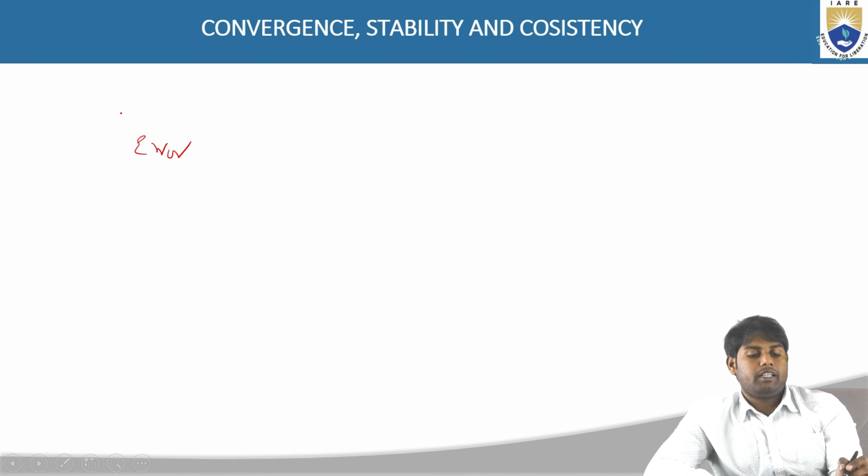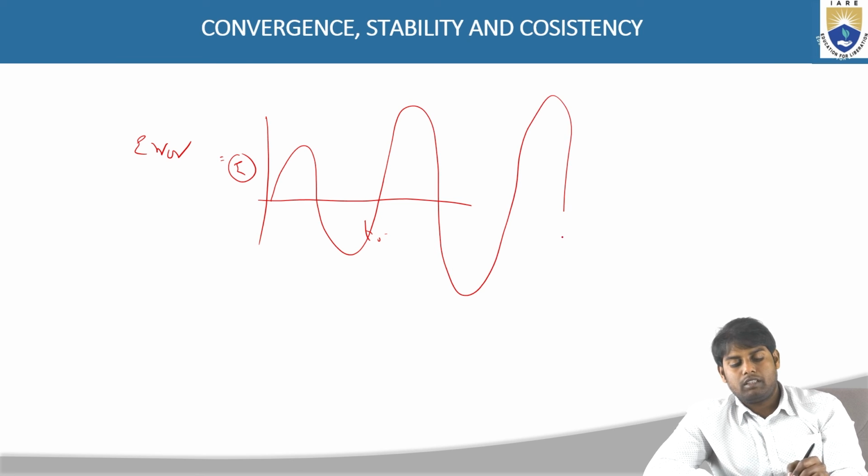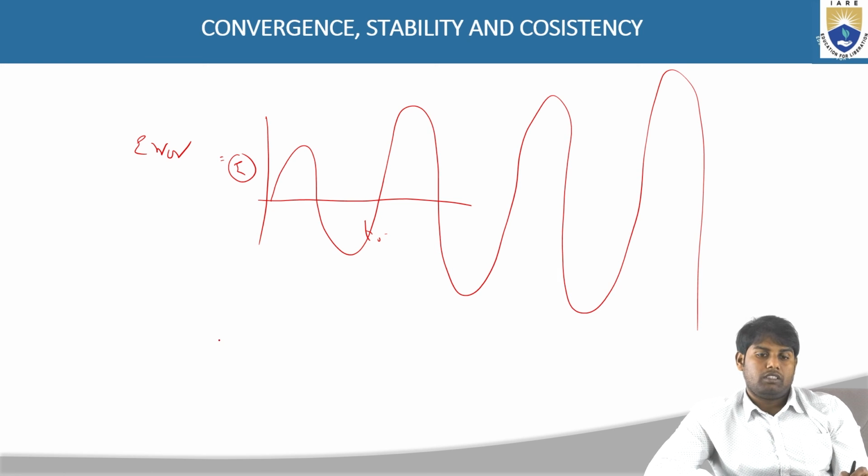If this error, let us say error versus time, is growing with respect to the simulation, then the values you are getting will be incorrect and the simulation, or the numerical scheme, will collapse. So there is stability and consistency. If you satisfy both, then convergence will be automatically met.